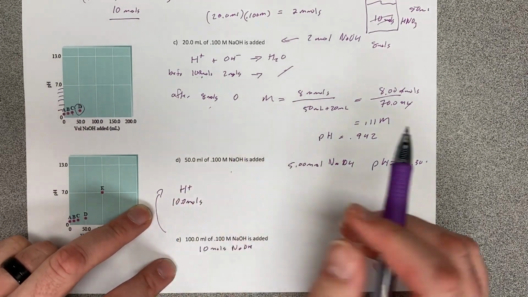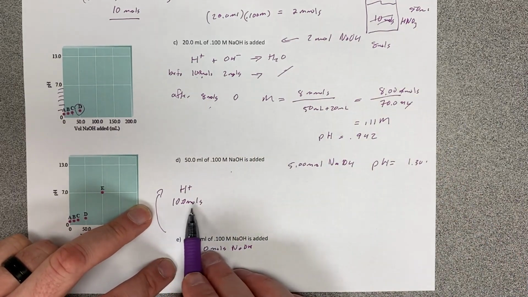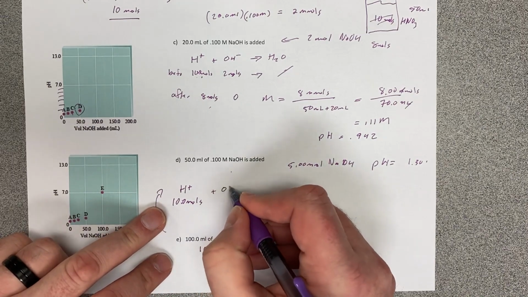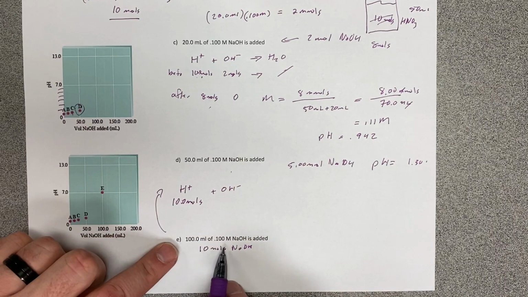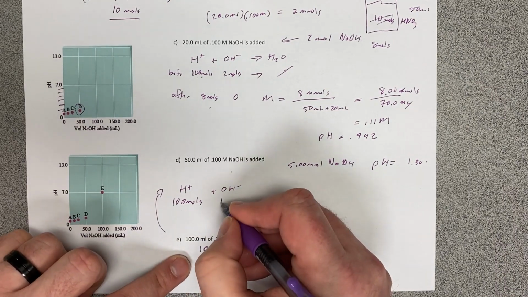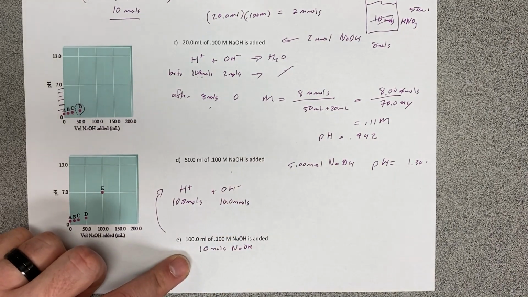That's the HNO3, we don't care about the NO3 minus, that's the 50 milliliters of 0.2 molar. And now when we add in 100 milliliters of 0.1, that's the same thing as getting 10 millimoles of NaOH. So now we're adding in 10.0 millimoles of the OH minus.